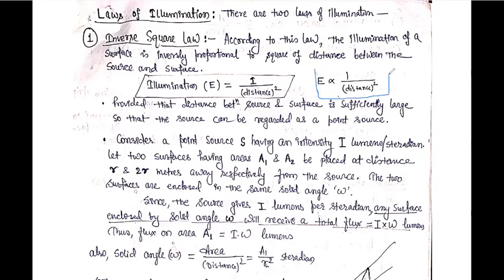E is inversely proportional to 1 upon distance square.